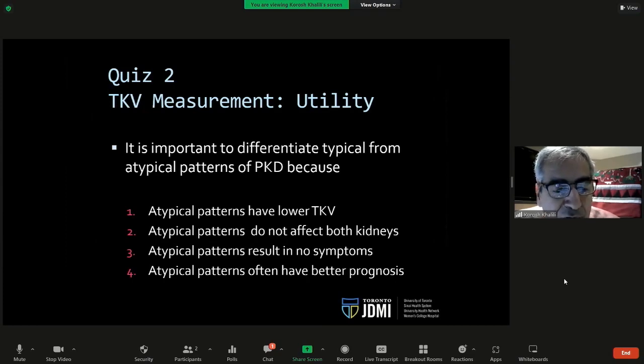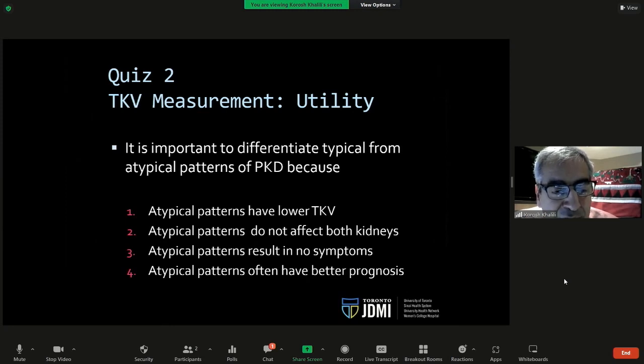Atypical patterns may or may not affect both kidneys. So sometimes we can see atypical patterns that only affect one, so that's the unilateral. But often it's asymmetrical disease where there is disease in both kidneys, but not symmetrical.